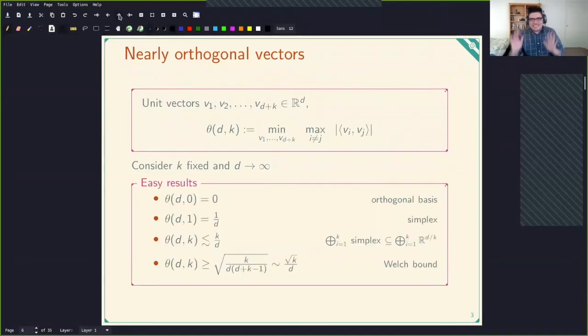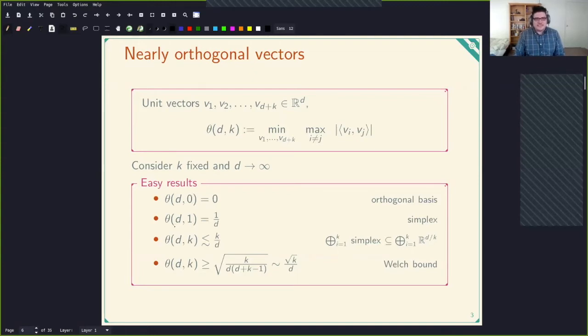So just some easy results to make sure we're all on the same page. Theta of d comma 0: now we have d unit vectors in R^d, and how close can we make them to orthogonal? Well, we could have an orthogonal basis, so theta d,0 is going to be 0. We can actually make them all orthogonal.